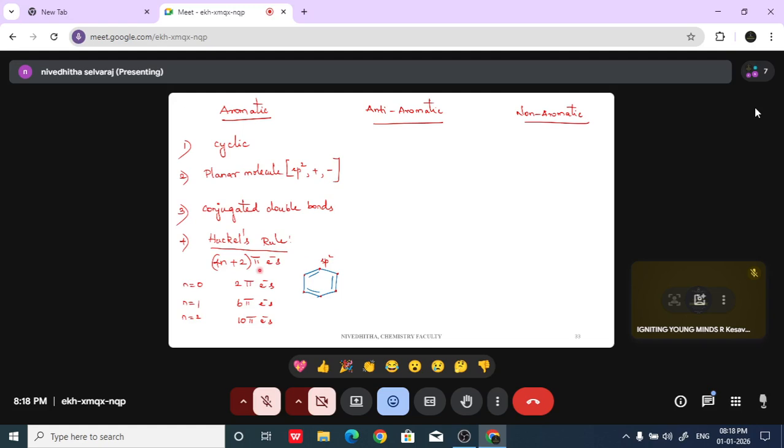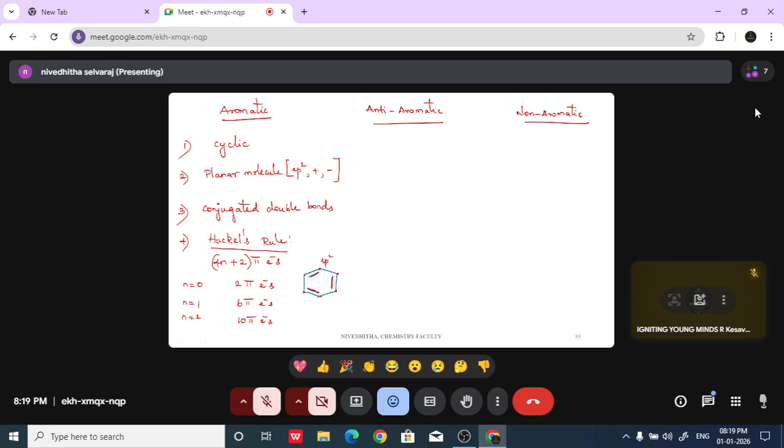Fine. Let us count how many pi electrons this compound has. How many pi bonds are there? This has a double bond, so one of the bonds is pi. This is also pi. This is also pi. So we have 3 pi bonds, and 1 pi bond has 2 electrons.